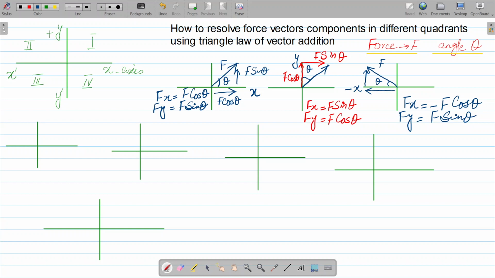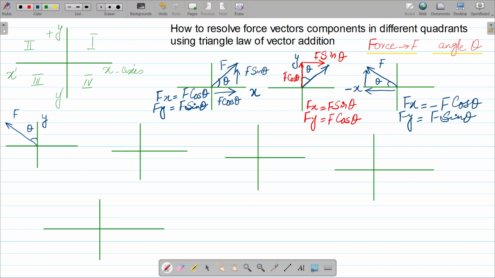And again in the second quadrant, we have the force F, and this F is making an angle theta with the y-axis. Now how are we going to resolve this?